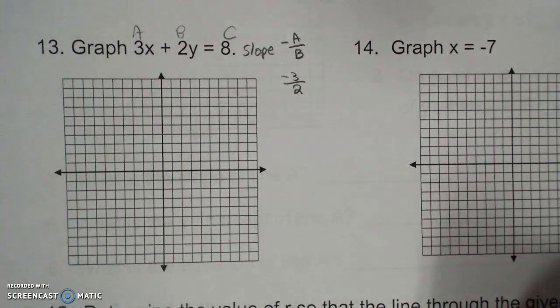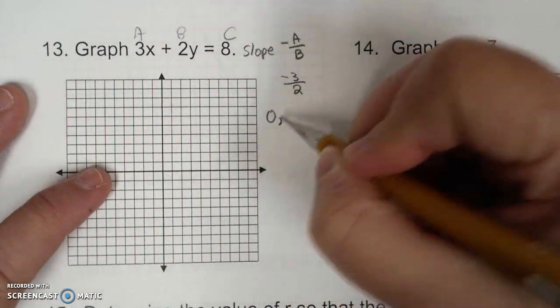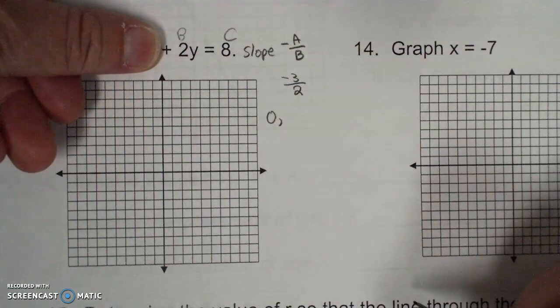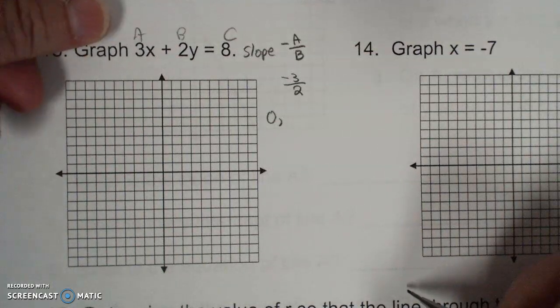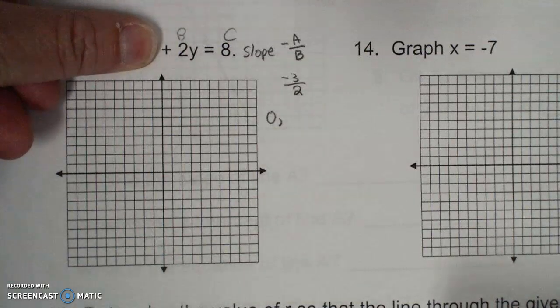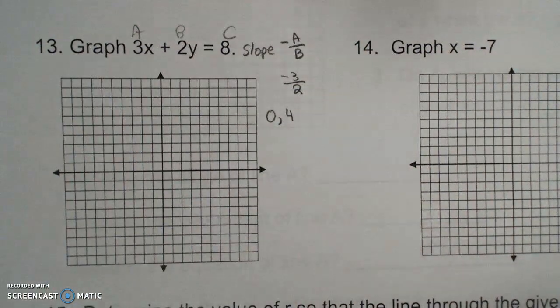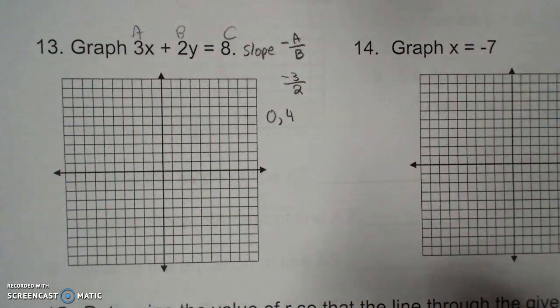That's my slope. Then what I do is I plug in a 0 for x, which basically covers that up, because 3 times 0 is 0. And when I plug in a 0 for x, 2y equals 8, so y equals 4. As long as I have a point and a slope, I can create a line.